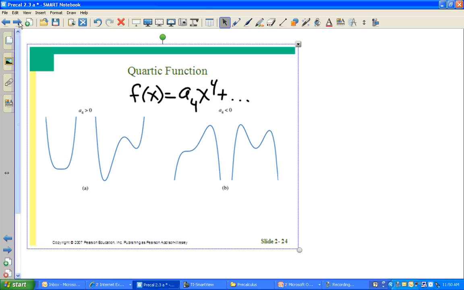But they either have the basic shape of a parabola, maybe an upside down parabola, but you notice as an x to the fourth or a quartic equation, we can have more activity, more things going on in the graph in between the parabola. We can have an absolute minimum, or a relative max, or a relative min, or all three things, or we could have, if it's upside down with a negative leading coefficient, an absolute max.